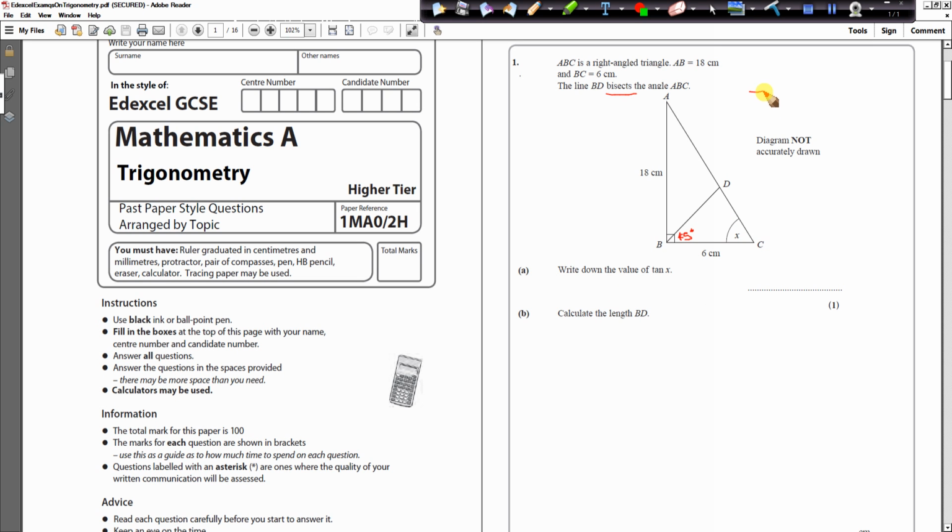Okay, let's do it up here. Tan. Tan is which identity? Now if we want to work out the tan of something, remember the technique: we cover the tan up with our finger, and we say we want to work out the tan of something, what's it equal to?